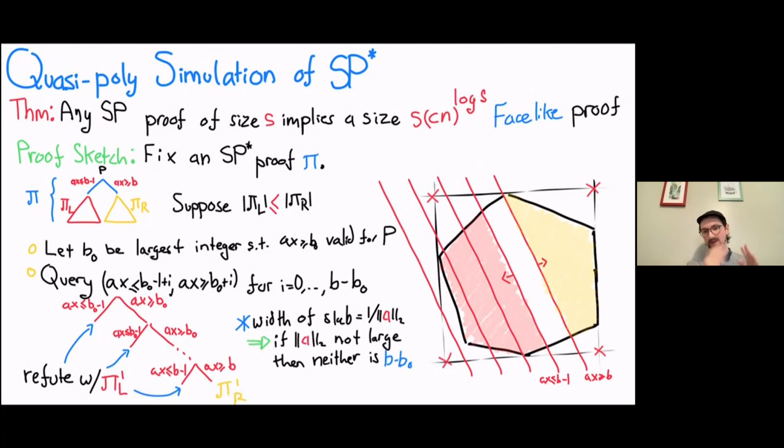If the magnitude of A is not too large, then each of these slabs is quite large, and the distance between B and B0, the number of cuts that we have to do, is not too many. And yeah, that's basically the proof. So any questions? Okay.